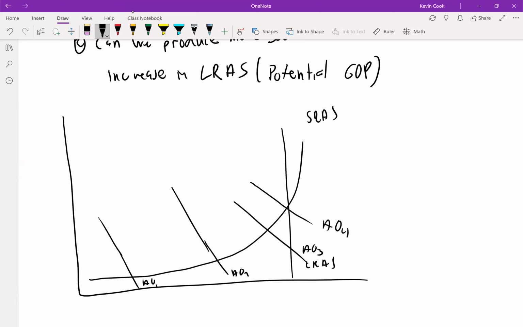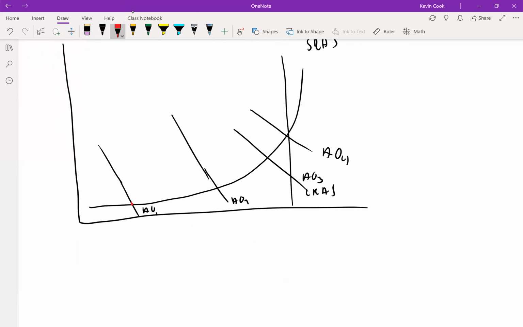And we just want to see what happens between the two. So we're going to start both of these at AD1 and AD3. Then we'll move up to AD2 and AD4. So I have a price level, a second price level, a third price level, and a fourth price level. But then I also have an initial output, a second output, another initial output, and a fourth output.